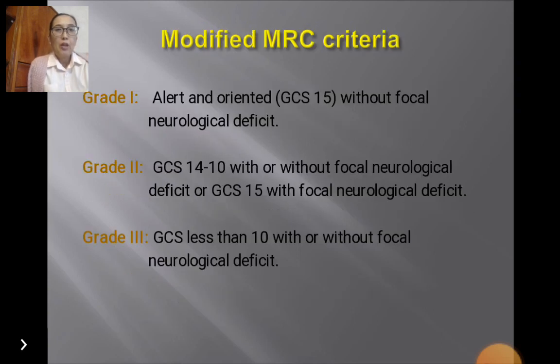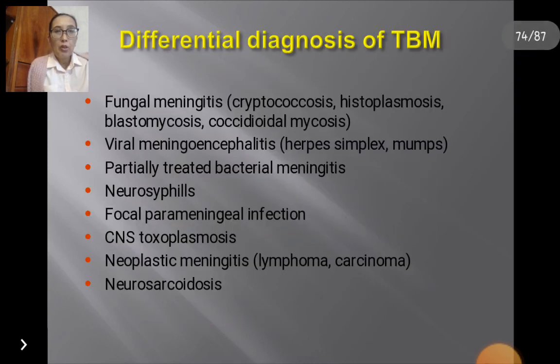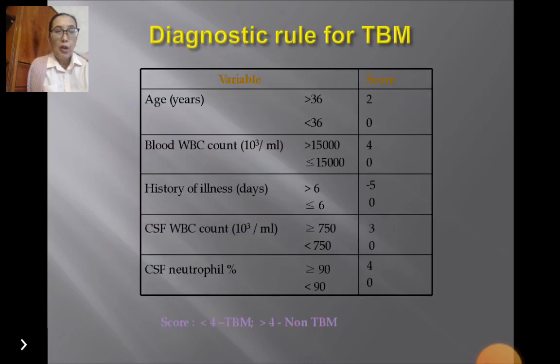Modified MRC criteria: grade 1, grade 2, grade 3. Diagnostic rule for TBM: age, blood count, history of illness, and count in the spinal CSF, and neutrophils.